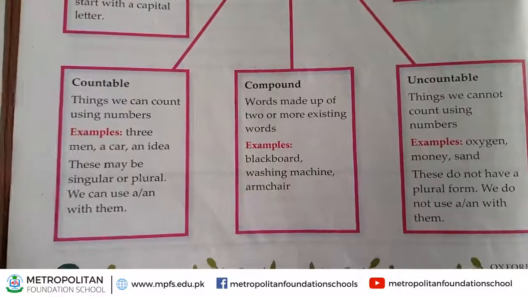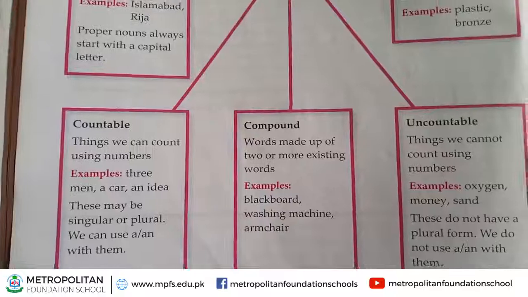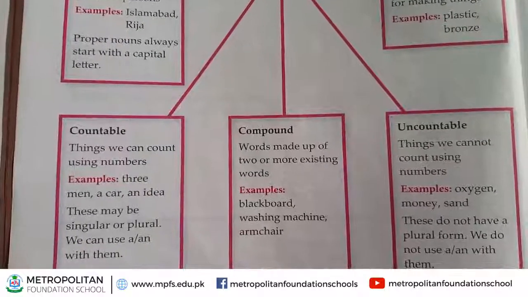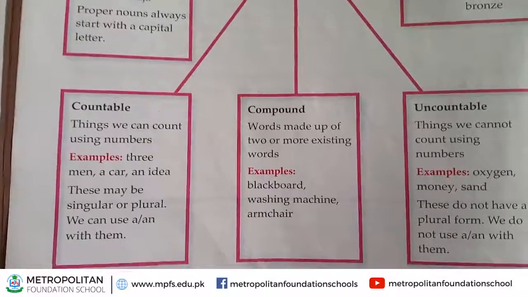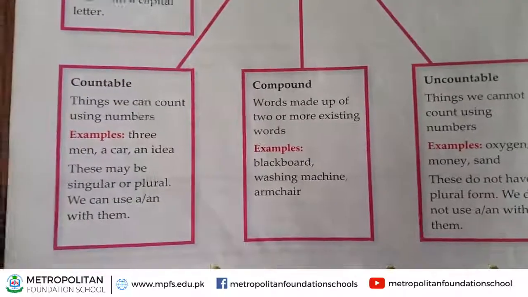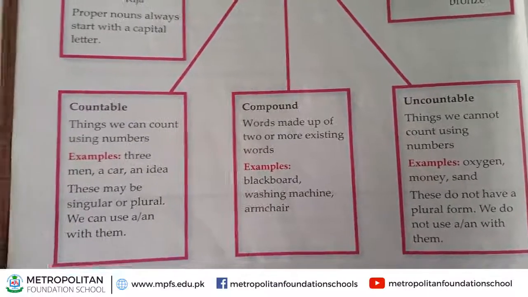Example, three men, that is counted because we are talking about three men. A car, an idea, a car, that is also countable because we counted one car. A car means one.